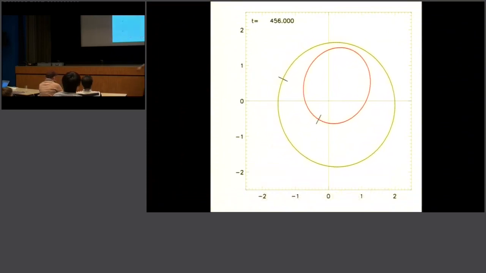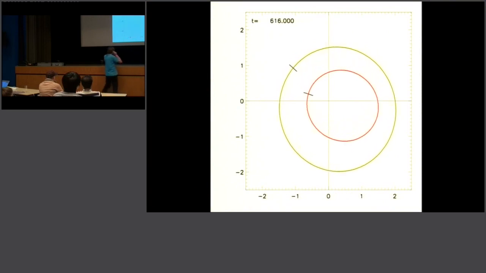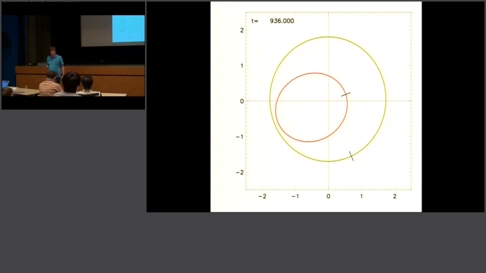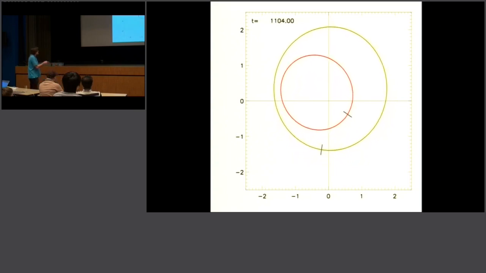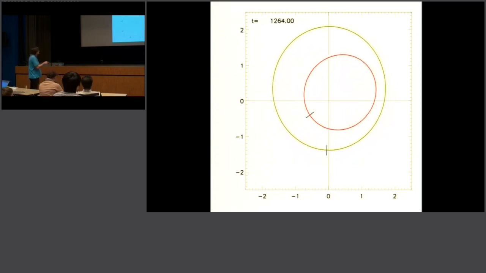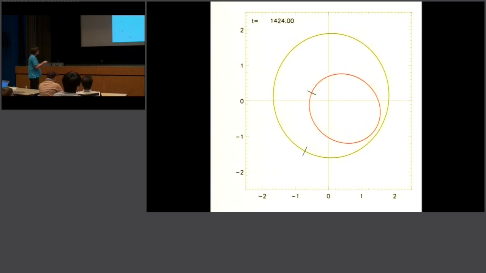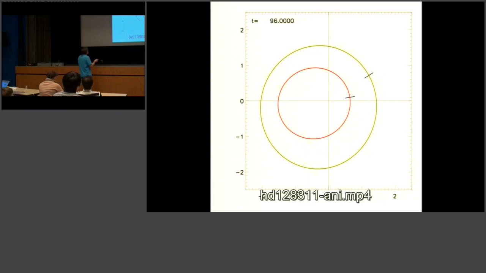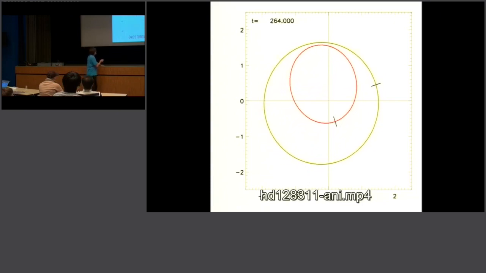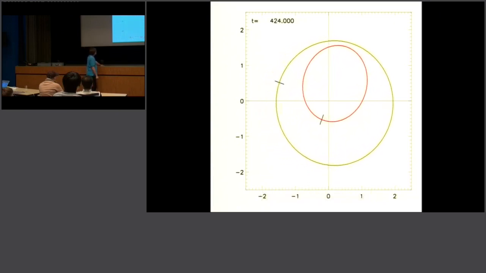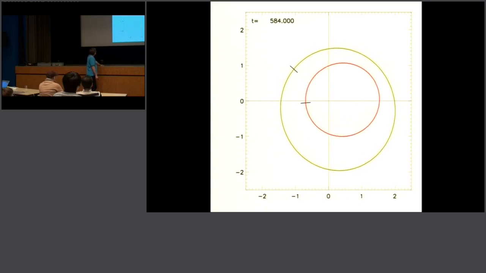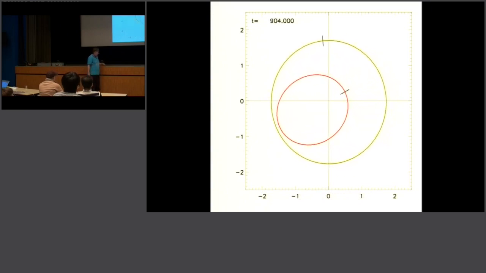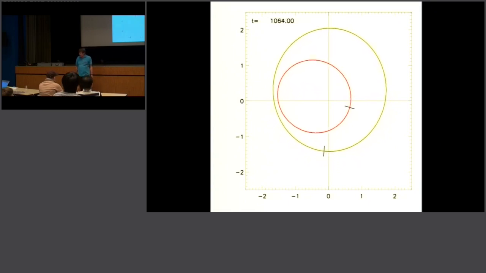You don't see the planets moving here. You only see the changes of the orbits of the planets. The star is here, this is the inner planet, the orbit of the outer planet. The actual locations are not shown because they would just move very rapidly. This is the periastron of the inner planet, periastron of the outer planet, and you can see it's quite a bit more complicated. The inner planet is a little bit more eccentric, so you always have a well-defined periastron.